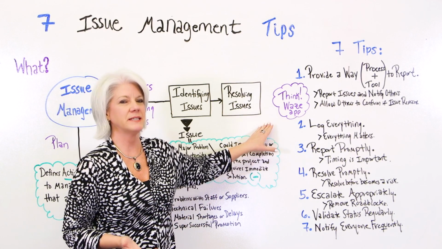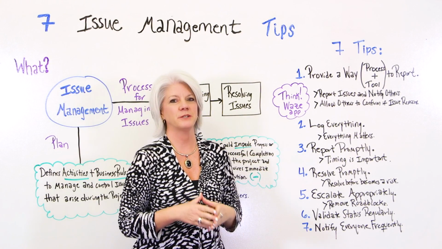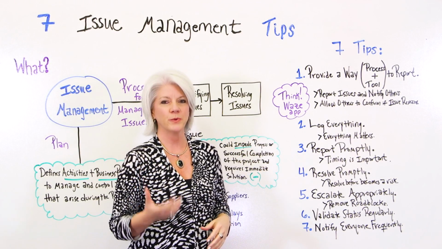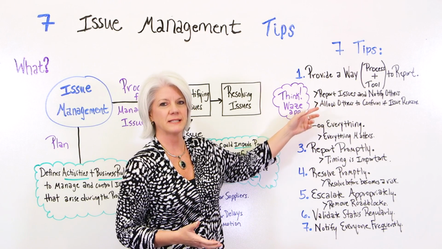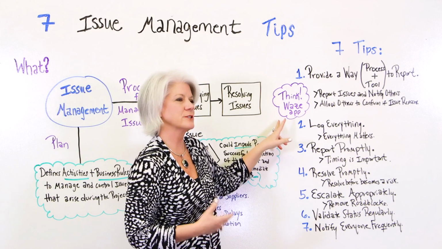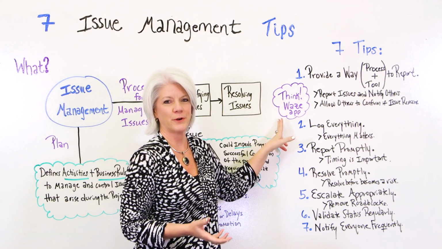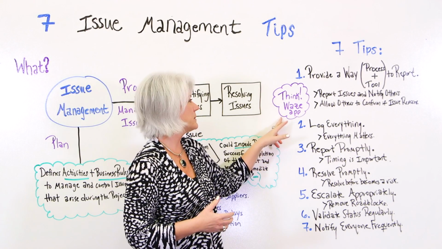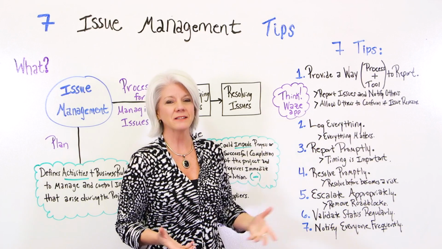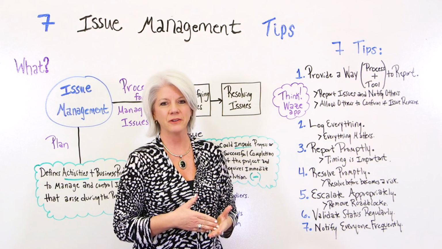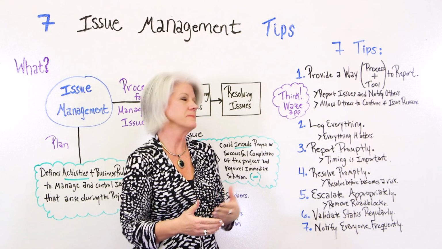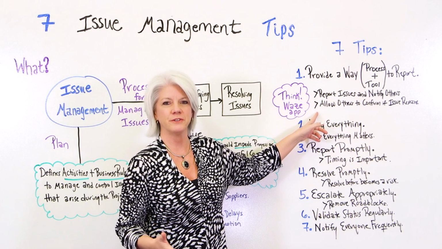So here are the 7 tips. Number 1 is to provide a way for people to report issues on your project. And that includes a process and a tool. There's one app on my mobile phone that I love. It's called Waze, W-A-Z-E. When I'm driving, it allows me to report issues that I encounter along my path. It also allows other drivers to do that too.